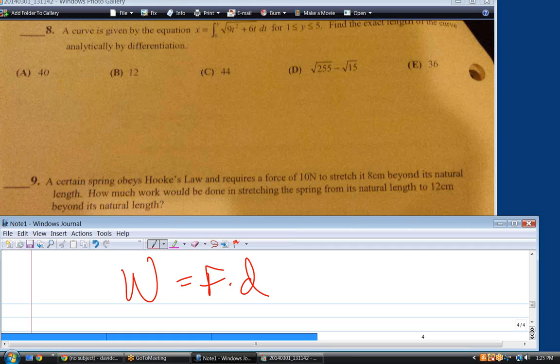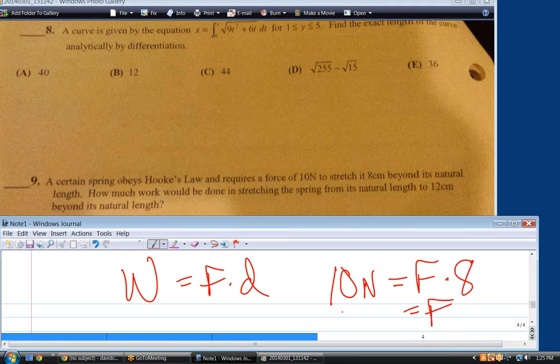Let me read this one a second. Seems fairly straightforward. The information they're giving us is that 10 newtons, which is a measure of force, is required to stretch the spring 8 centimeters.